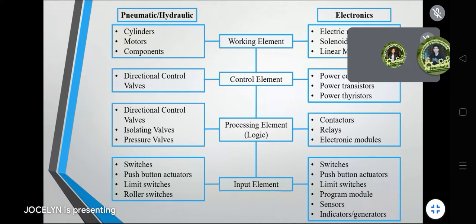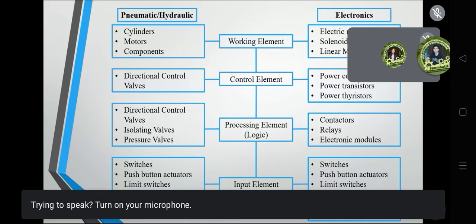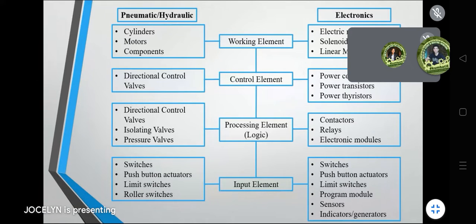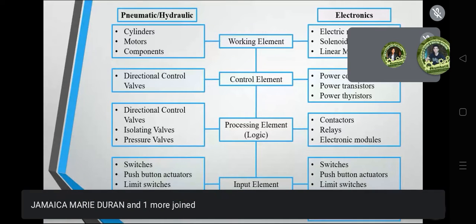For pneumatics, we have cylinders and motors, and on the electronics side, we have electrical motors. Solenoids are conducted by volts, so they are electronic. Linear motors are also electronic components.